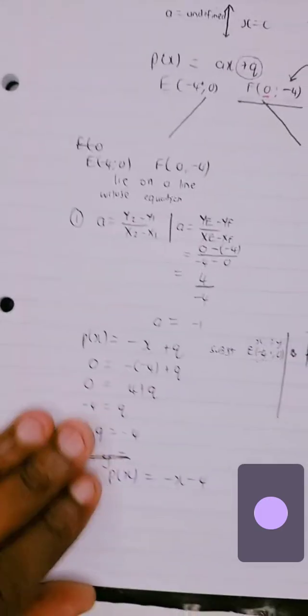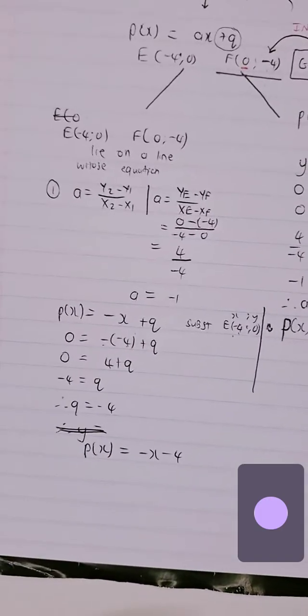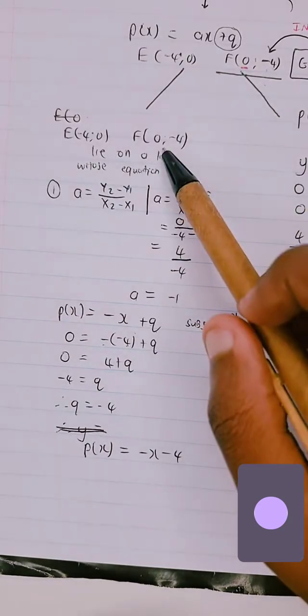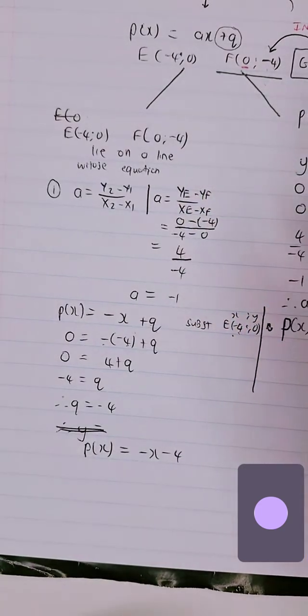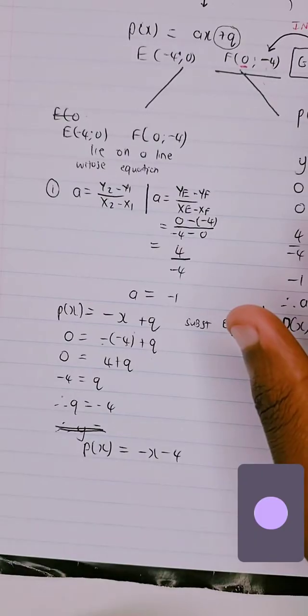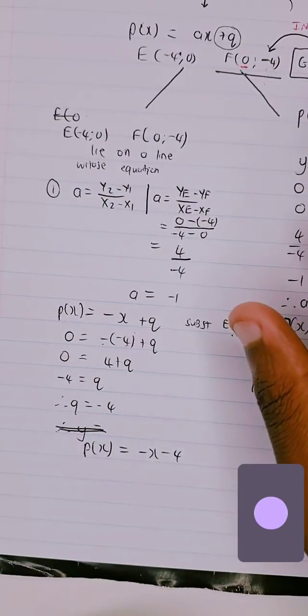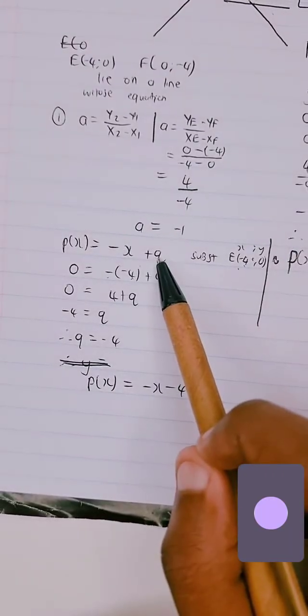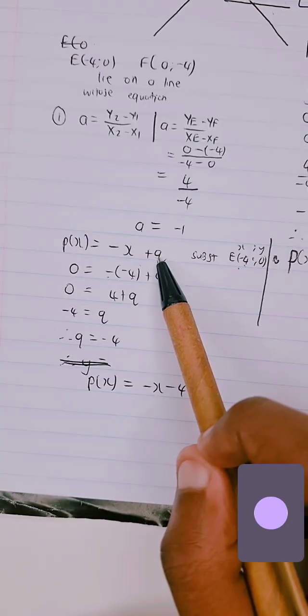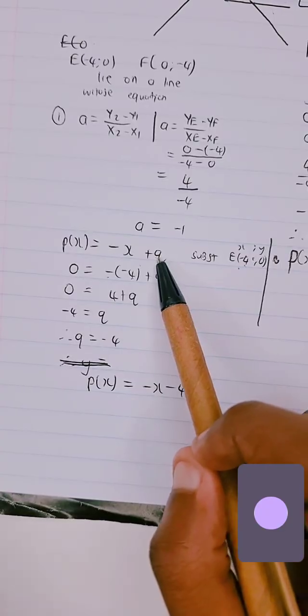You said we can use -4. Yeah, we can use -4 here. So I'm supposed to use the y-intercept, which is a number, and not 0. Yes, thank you so much.